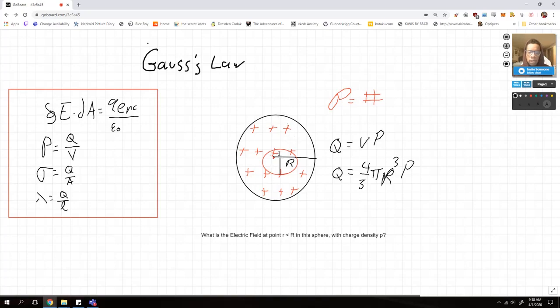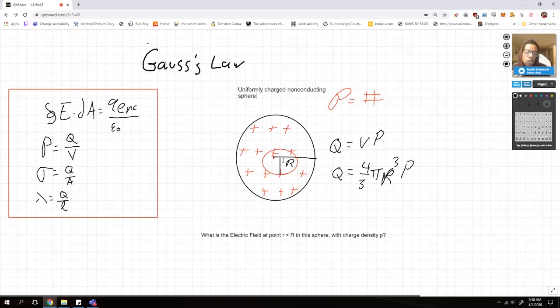But the problem here is that since this is a uniformly charged non-conducting sphere, so it's something that's not metal, maybe it's wood being held at some charge number, this means that my Gaussian surface inside is not containing all of the charge. It is also not containing none of the charge. It's containing some level of charge that I have to figure out.